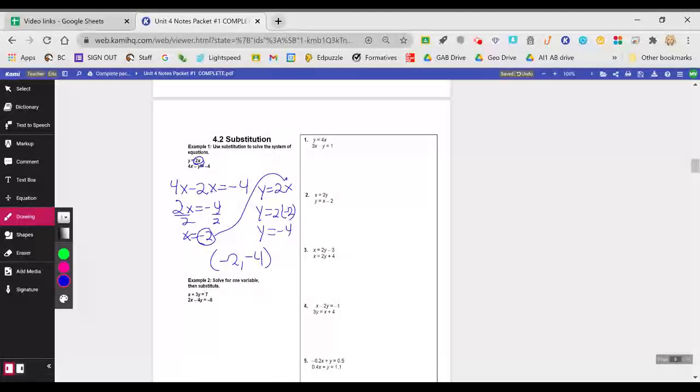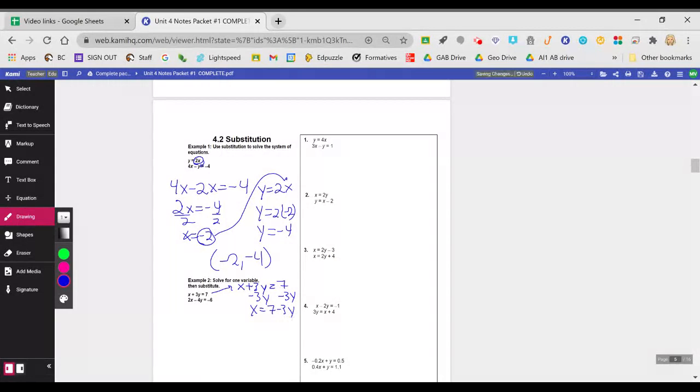Second example. Here, neither one of my equations is x equals or y equals. I look at the top one, I see that that's almost x equals. It's x plus 3y equals 7. So to get x by itself, I subtract 3y from both sides. And I get x equals 7 minus 3y.